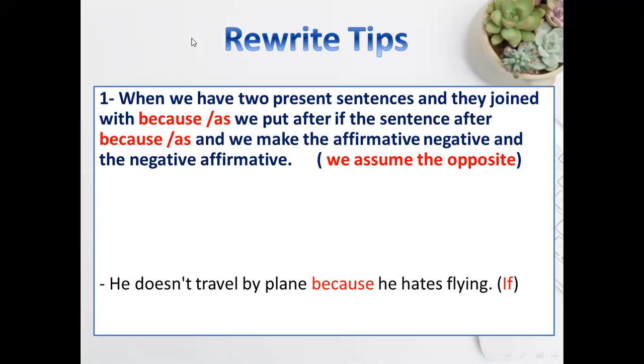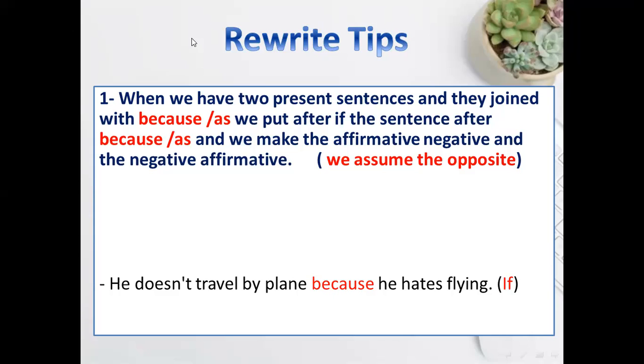The second conditional: I start with if when the I is capital, but if the I is small, we put if in the middle. Okay, here the I is capital, so I will start with if. Then I will bring the sentence after because.